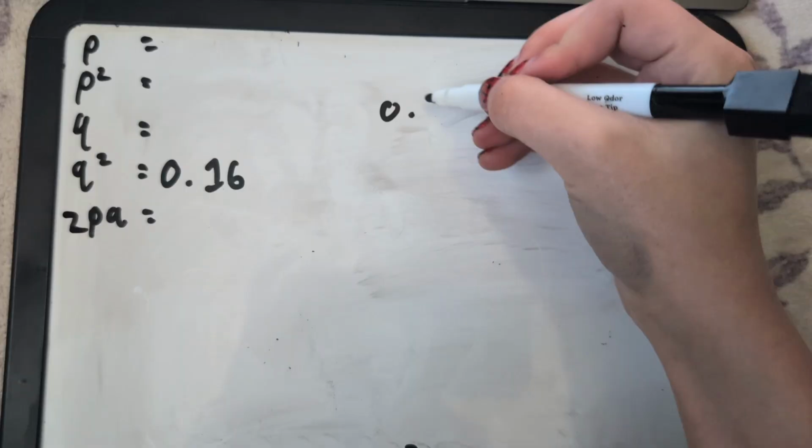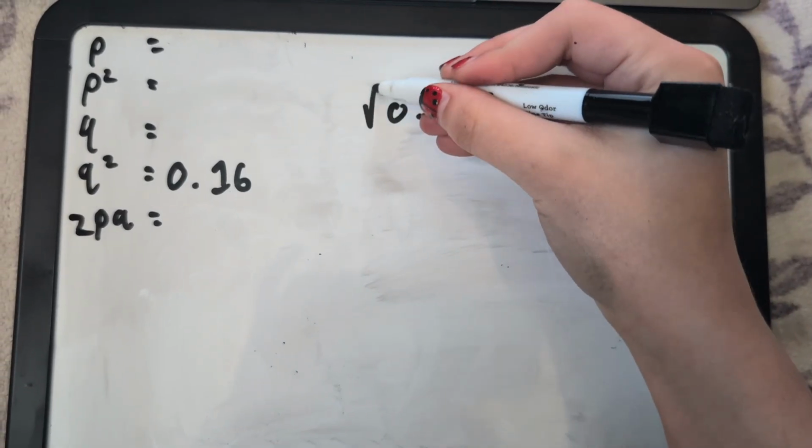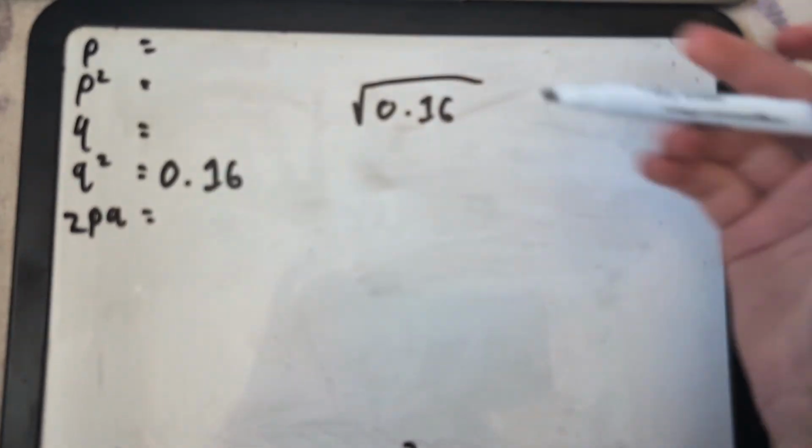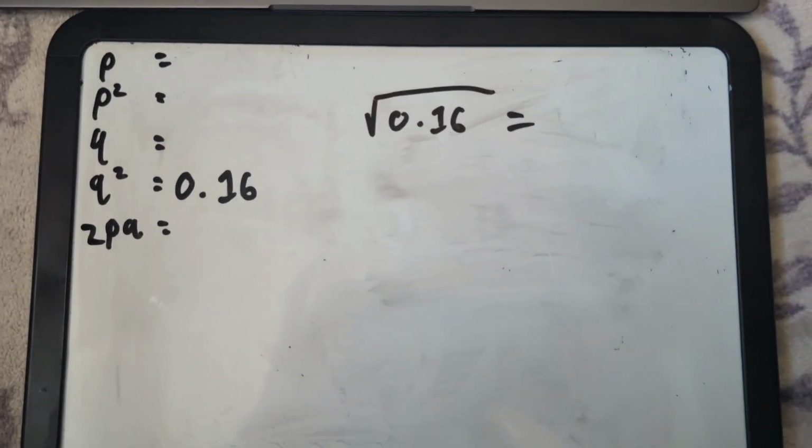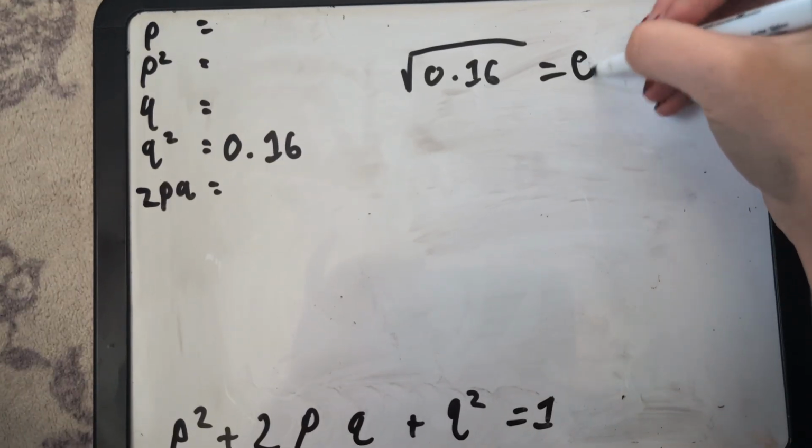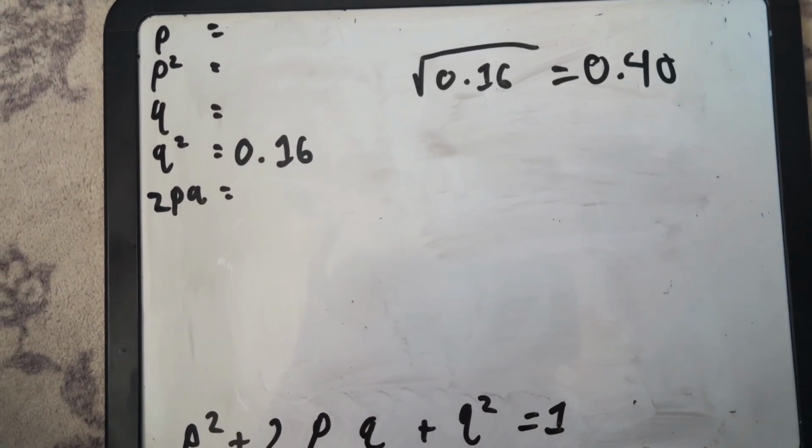We can then find the square root of 0.16 to find q, which is 0.40.